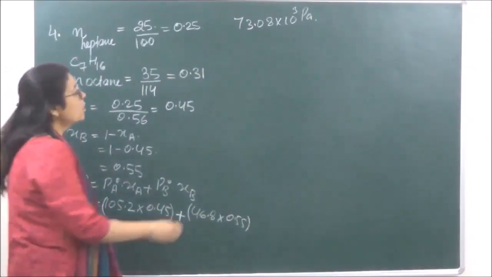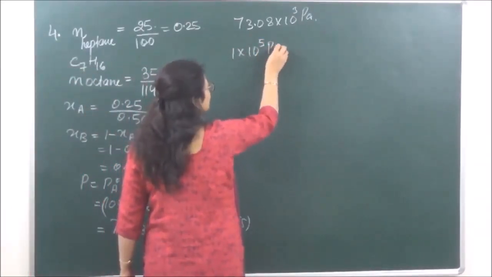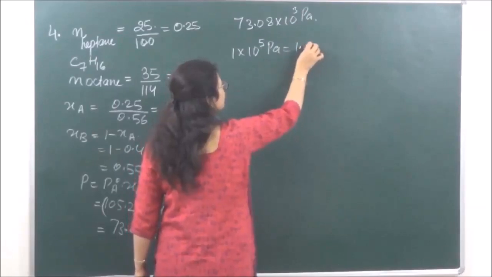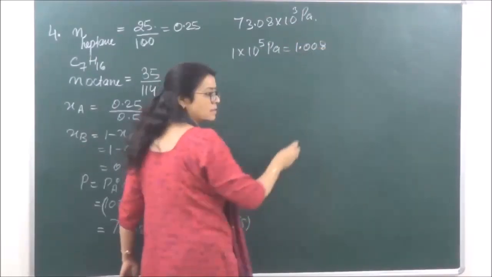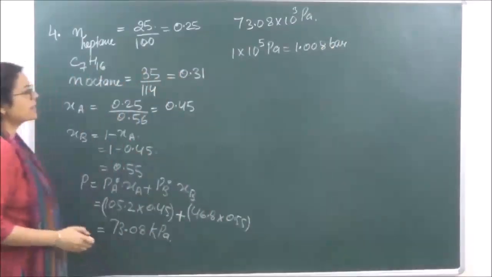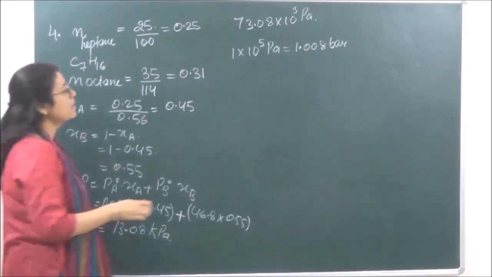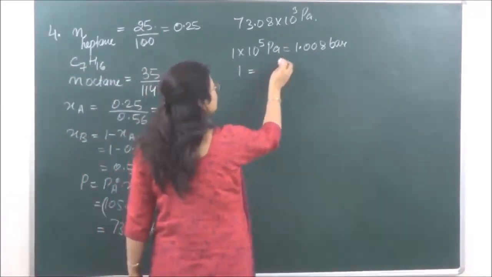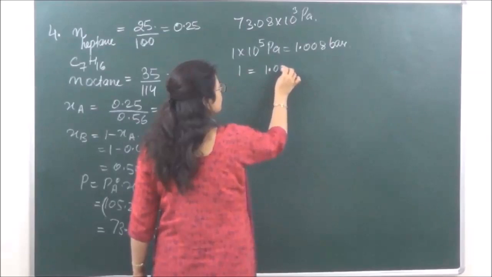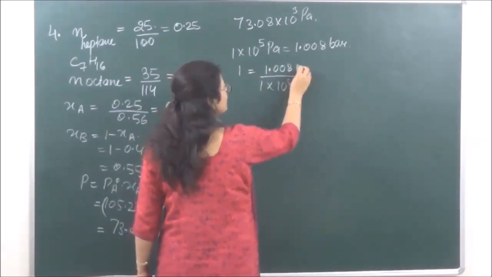We know that 1 into 10 raised to power 5 pascals is equal to 1.008 bar. So the conversion factor will be 1.008 upon 1 into 10 raised to power 5.